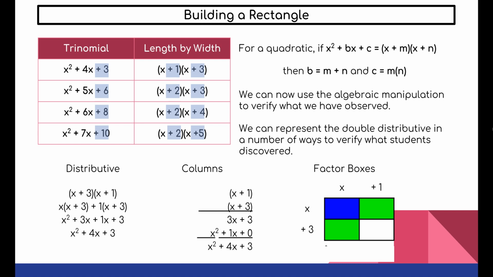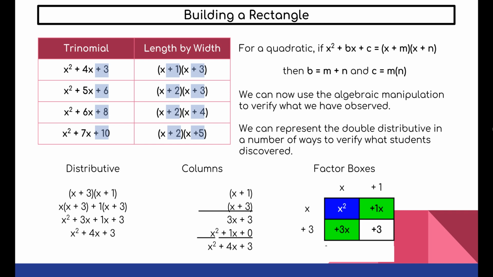We're going to have a square tile. We're going to have two different segments of linear x tiles, and we're going to have a units tile. So when we look at that blue, or the x squared, x times x, x squared. 1 times x, 1x. x times plus 3, 3x, and 1 times 3, plus 3.